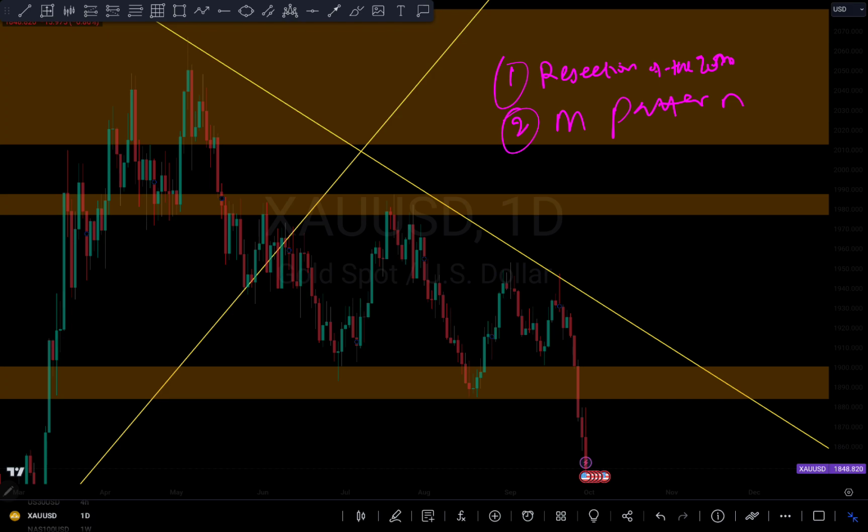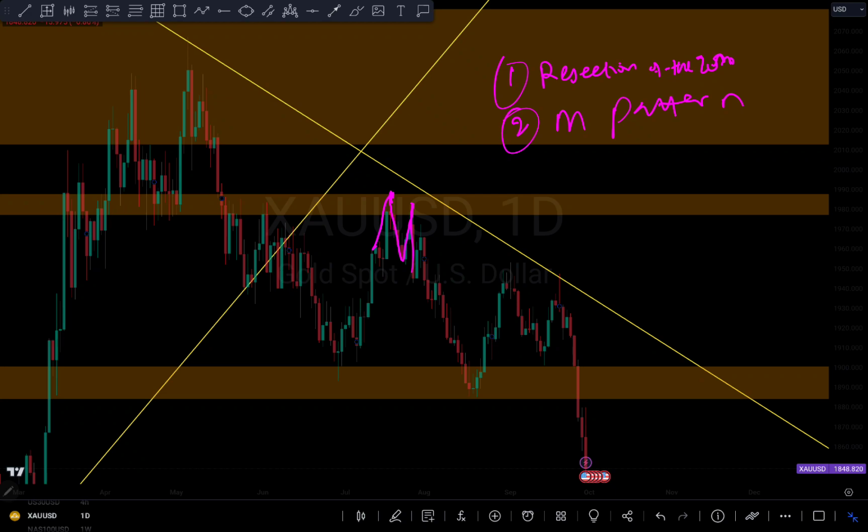Since previously we've always been rejecting around that zone, there's a possibility of a rejection, but that is not enough reason to just take a trade there. Another confluence is I'm seeing the M pattern right here, and this is my M pattern right here. We can see it comes here, right here, right here. That is an M pattern right here.